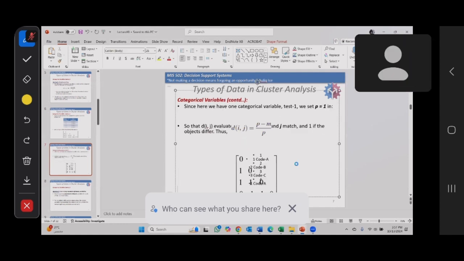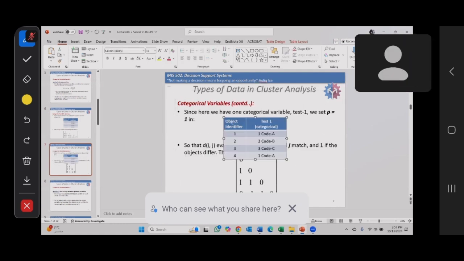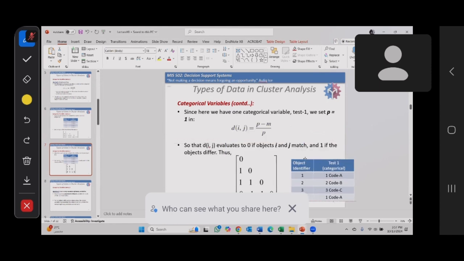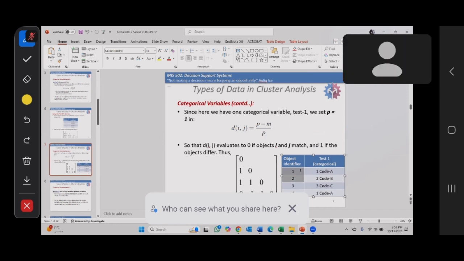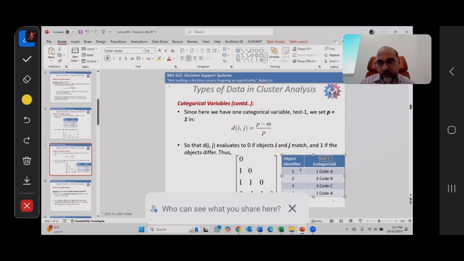P is the number of variables. How many variables are you trying to compare? This object 1 and 2 is compared based on what, Said? It is based on test number 1.